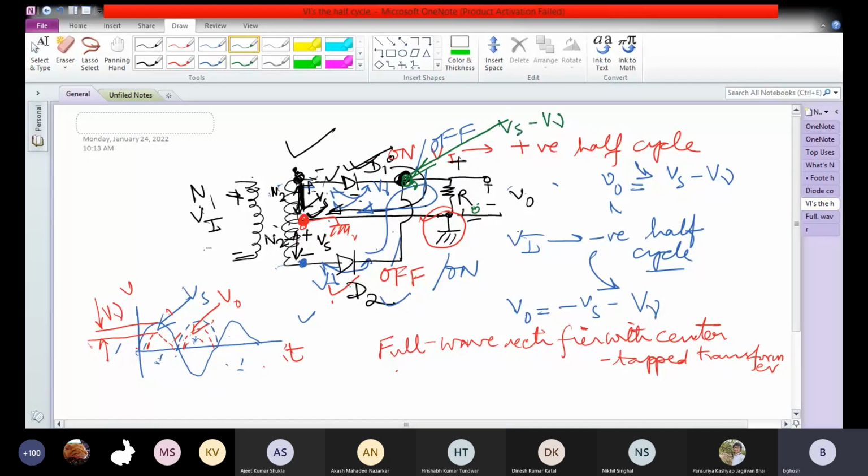This point is the same as this point. Our main intention is to look at diode D2. When diode D1 is on, the voltage on the N side of D2, which is at this point, is Vs minus V gamma.